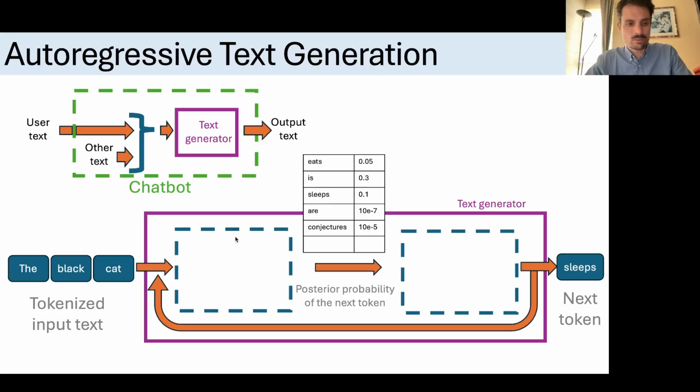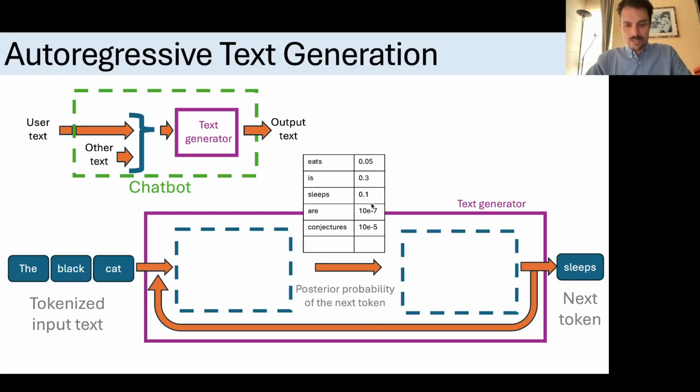For instance, this one would be grammatically incorrect, so you cannot say "the black cat are". Yet the probability is not 0, because people may also make mistakes, or there may be typos and so on. This one, for instance, is a word that does not often go with cat, so it also has a small probability. There will be thousands of rows in this table, and the probabilities will add up to 1.